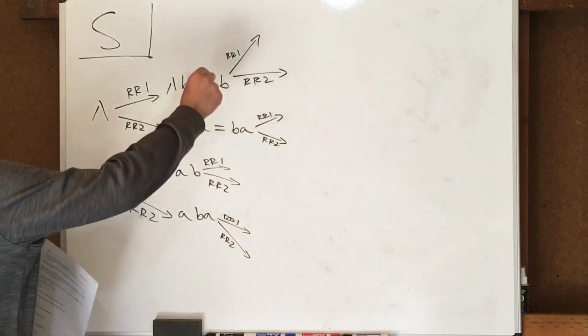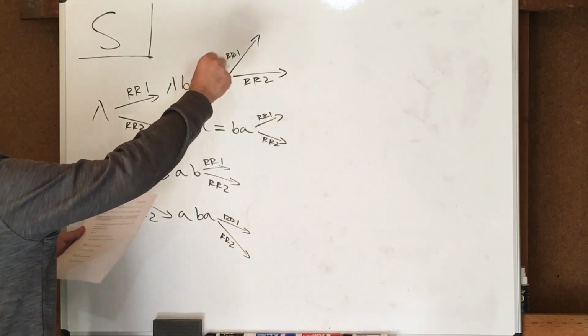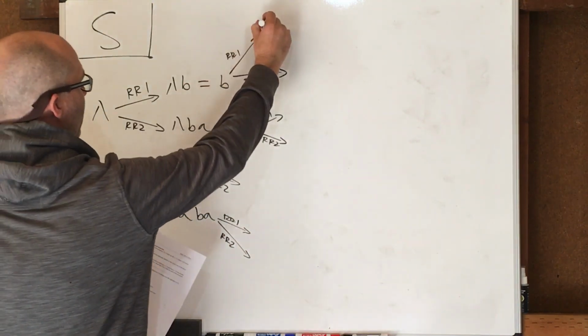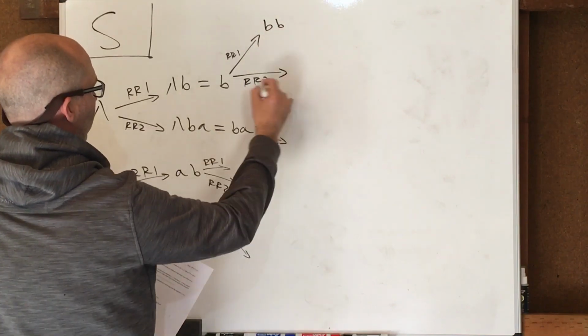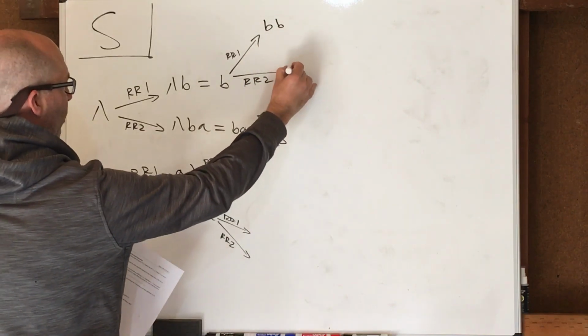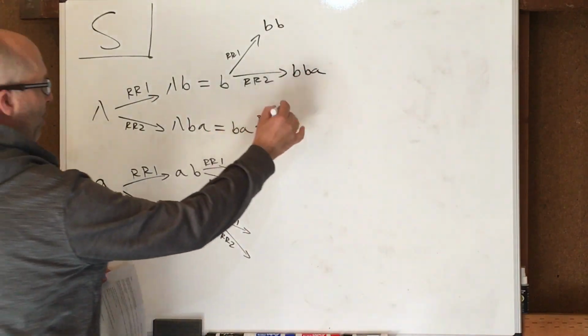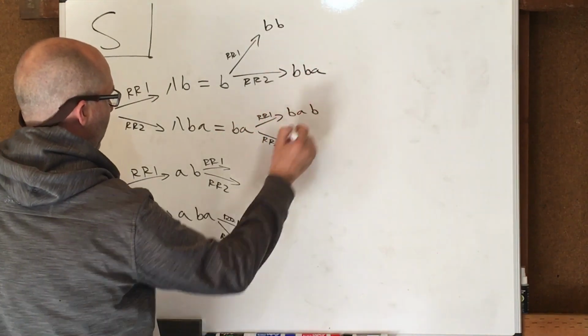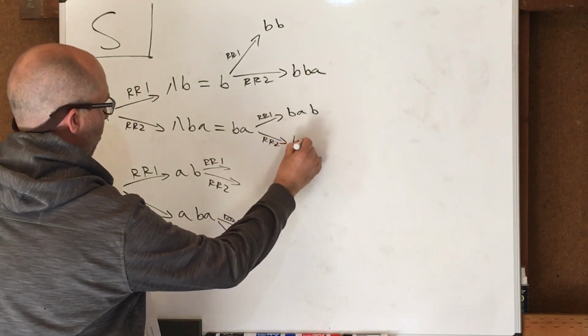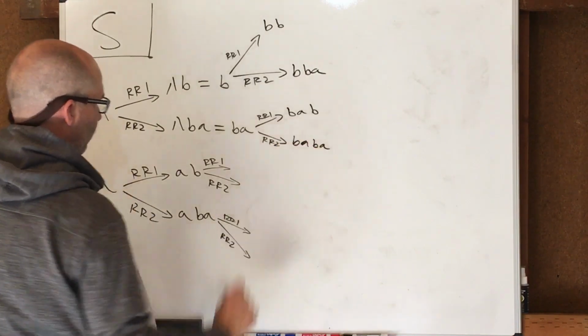Recursive rule 1, what does it do? It says put x, whatever it is, with the b. So we got bb. Here we put it with the ba, so you got b, ba. Here we've got ba, you put it with a b, so you got ba, b. And you got ba, ba.